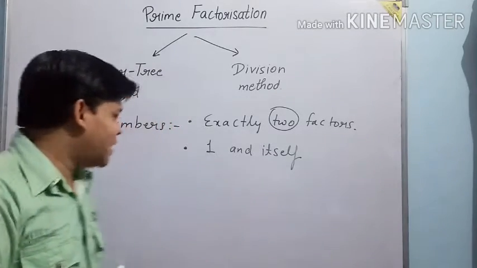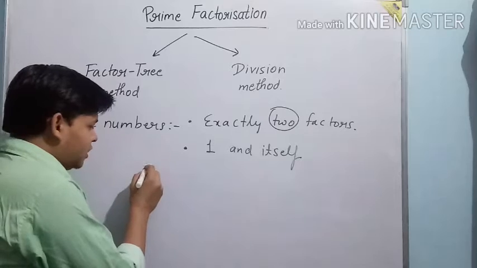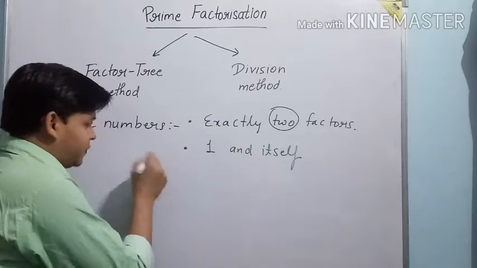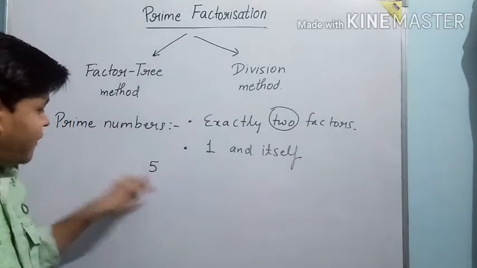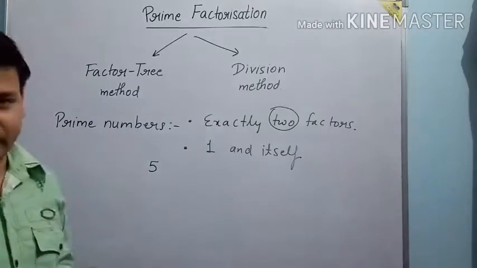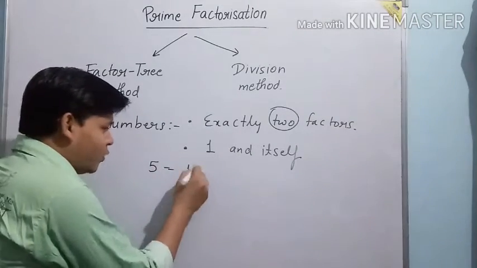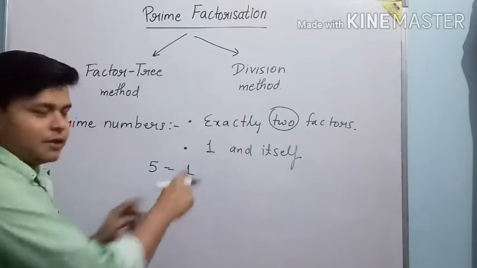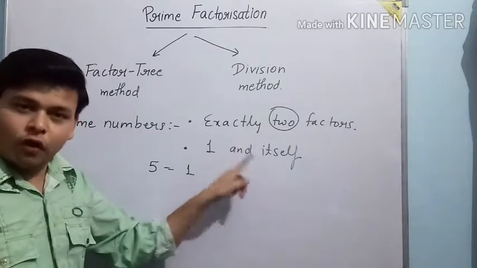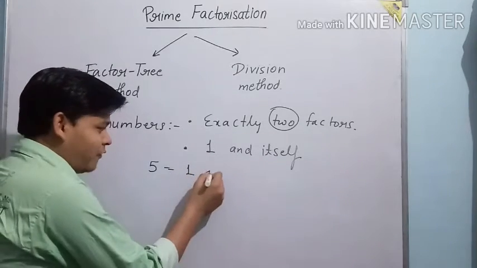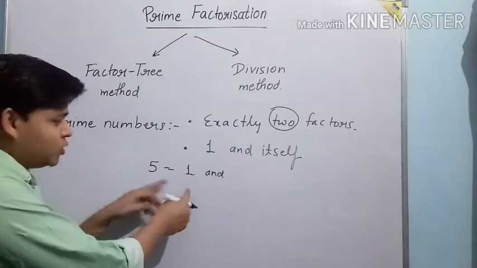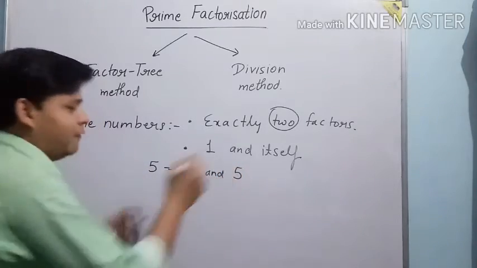So let's take an example. Suppose I am talking about say 5, right? So 5 has only two factors. They are one, जैसे कि मैंने बताया कि वो 1 होगा और वो खुद होगा, और उसका दूसरा फैक्टर क्या है? एक तो 1 हो गया और दूसरा वो नंबर खुद यानी कि 5.